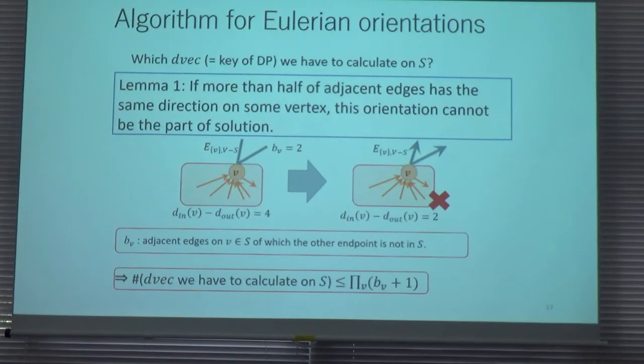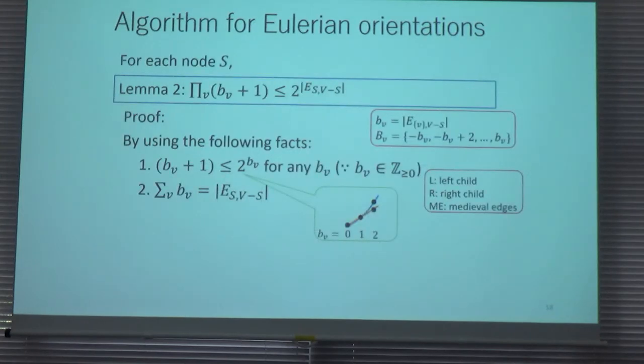This product is bounded by 2 to the |E(S,V\S)|, which is the number of edges between the current node and the others. This can be proved by noting that d_v plus 1 is bounded by 2 to the d_v, and the summation of d_v corresponds to the number of edges from S to outside.